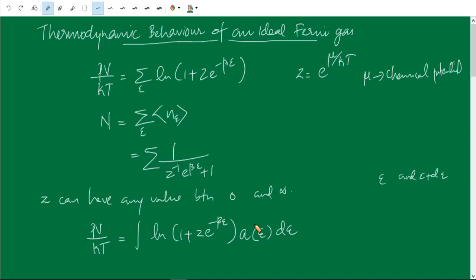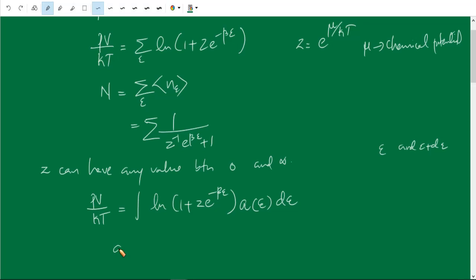We know the significance of these numbers. So a(ε)dε is equal to, you know what that value is. We already know if there is only one state per energy level, then we can write that this is V times 4π p² dp divided by h³.